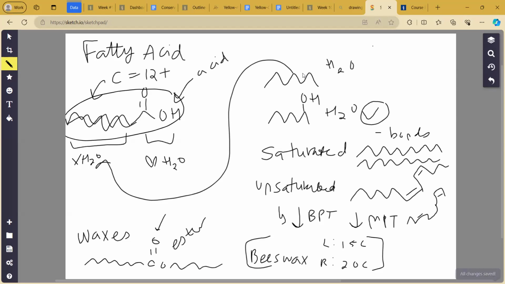Yeah, so it's a C double bonded oxygen. This is a C, this one. It looks like an O, but it's a C. If you wanted to draw it like this, you could draw it like this. I just choose to write the C in. Any other questions?